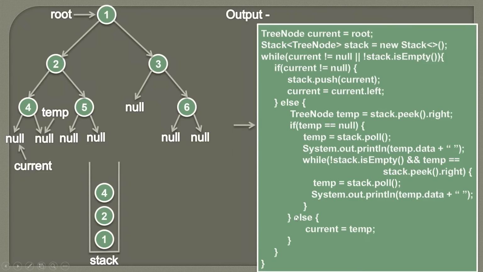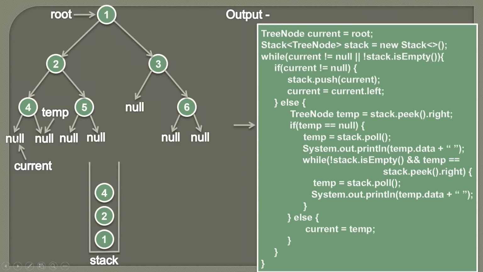Now here we are given two conditions, that whether temp is equal to null or temp is not equal to null. Why we have provided this condition is because, let's say if current is pointing to null, then we need to somehow check whether this null value is on the left side of node 4 or on the right side of the node 4. So in order to verify that thing, we created this temporary node.